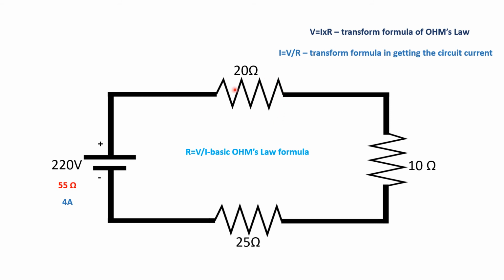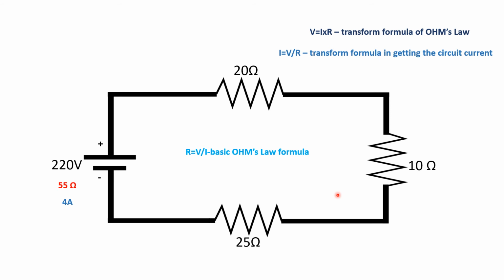In order to find the voltage in each resistor, we already have the current of each resistor, so now we are going to figure out the voltage in each resistor.